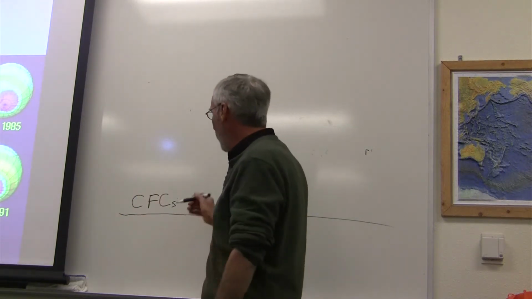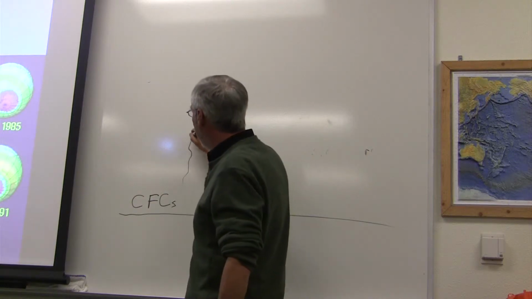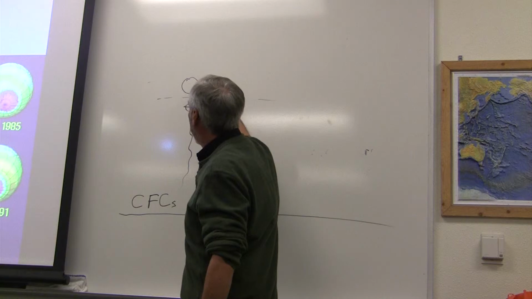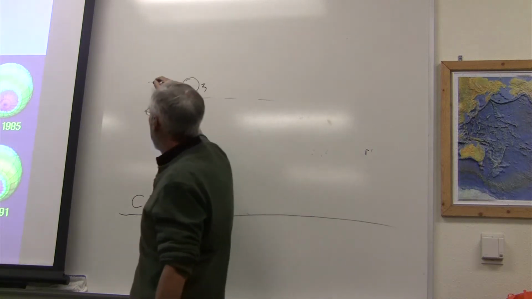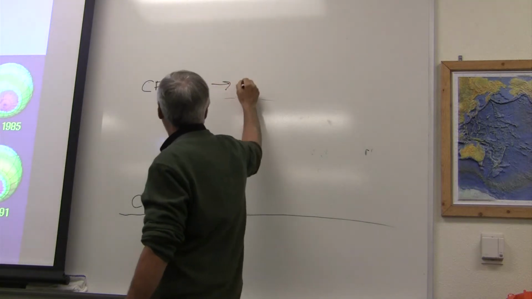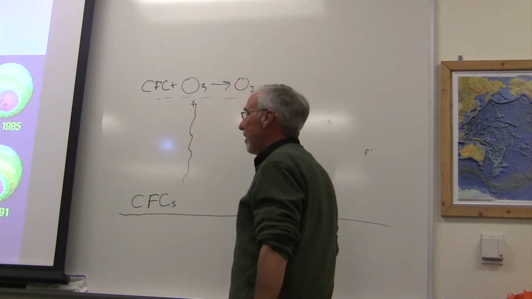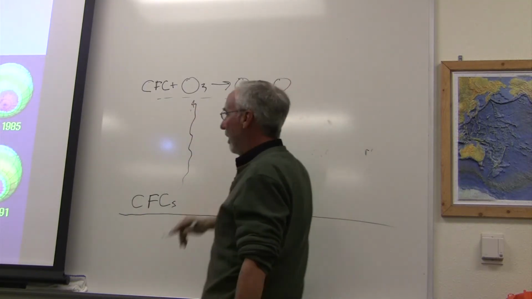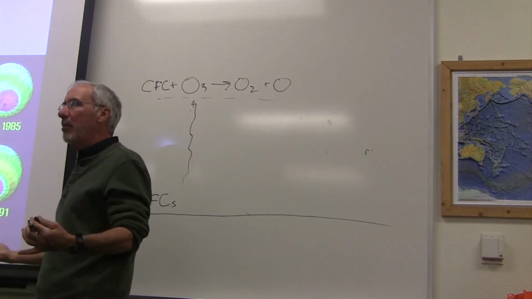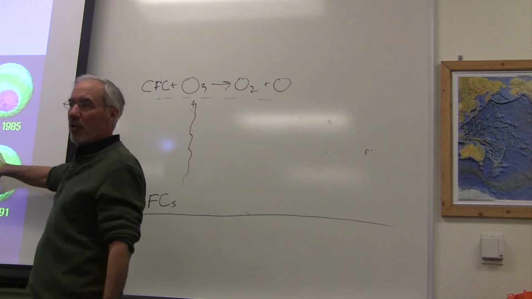But what we found was these CFCs could work their way up into this O3 layer, the ozone layer. The CFCs combine with the ozone to break it down. And this would be plus O for them to balance it. So it was believed that chlorofluorocarbons use was breaking down the ozone layer.